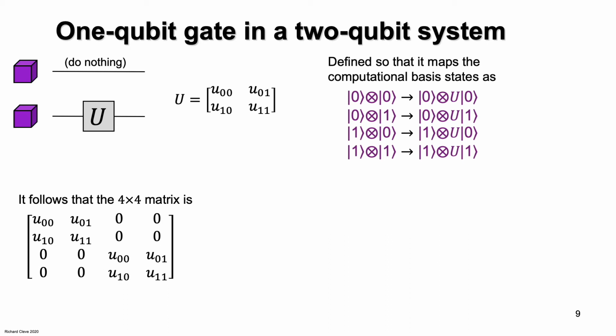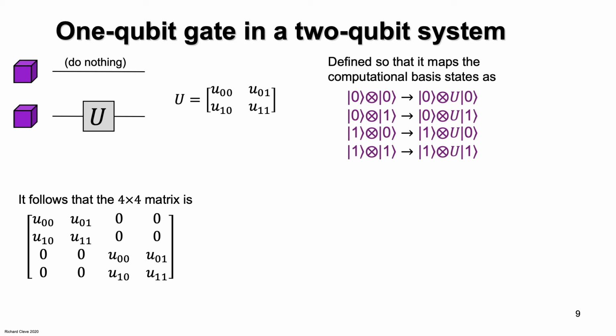Notice that this operation can be applied to the 2-qubit system in any state, even in an entangled state. Whatever the state is, it's a 4-dimensional vector, and it makes sense to multiply it by this 4x4 matrix.